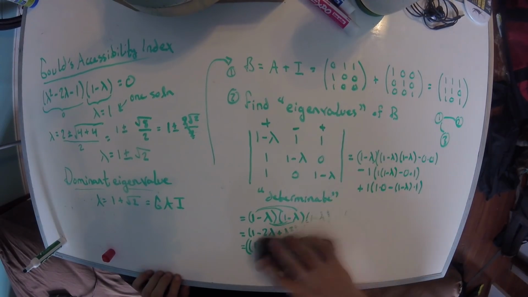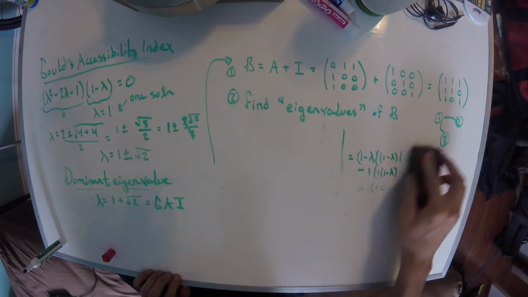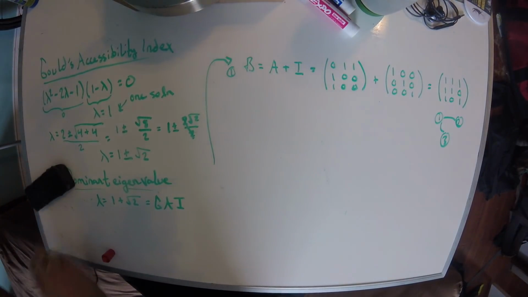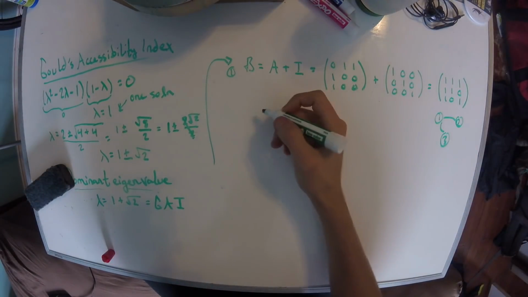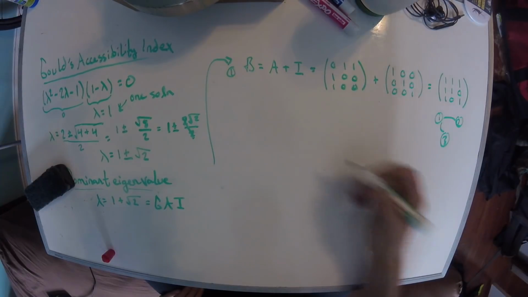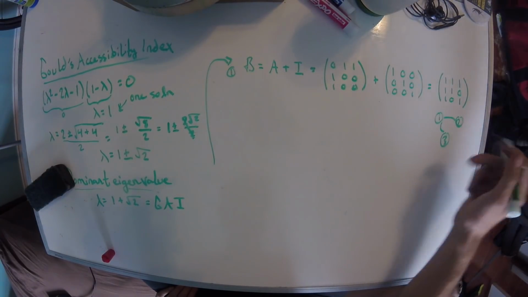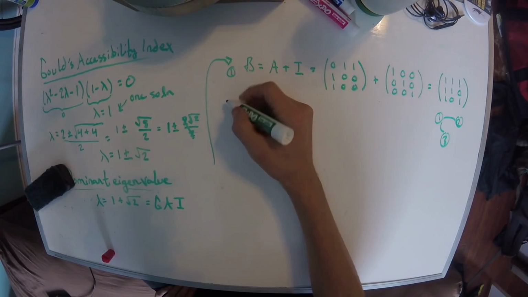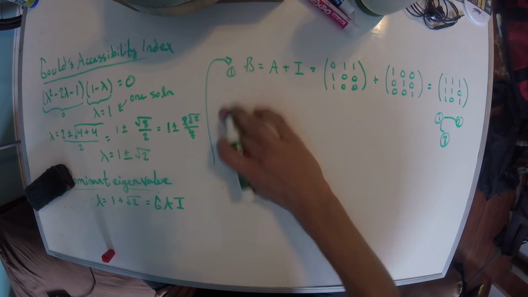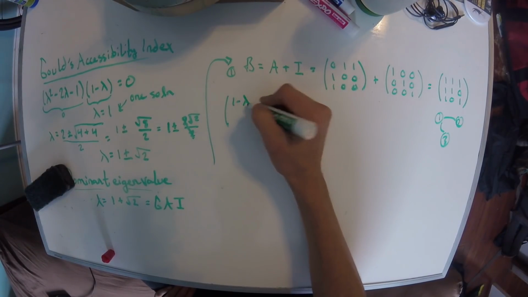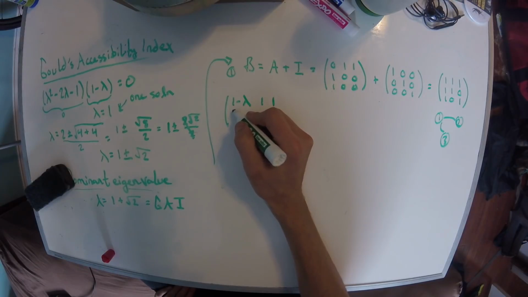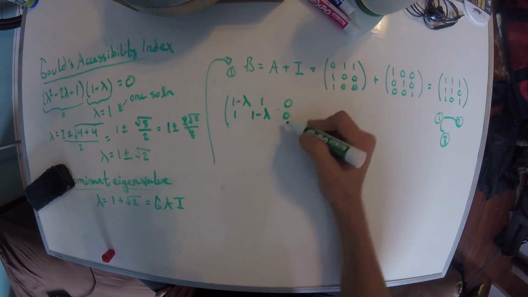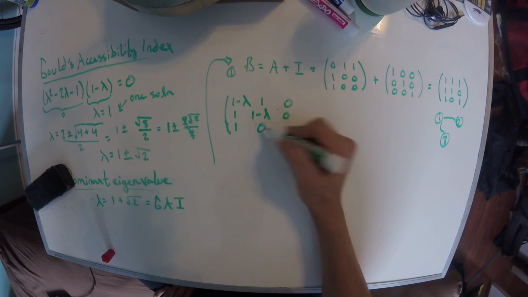So I'm just going to erase this bottom piece. Okay, and so what we're going to do is we're going to take that matrix from before, the one that was B minus the lambdas, and so we had 1 minus lambda, 1, 1, 1, 1 minus lambda, 0, then 1, 0, 1 minus lambda.